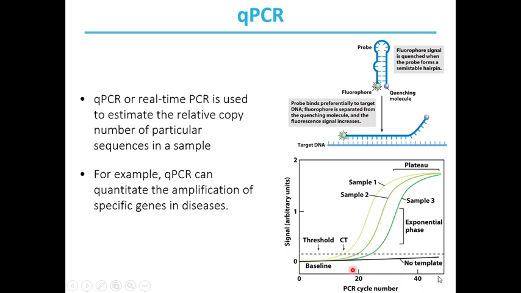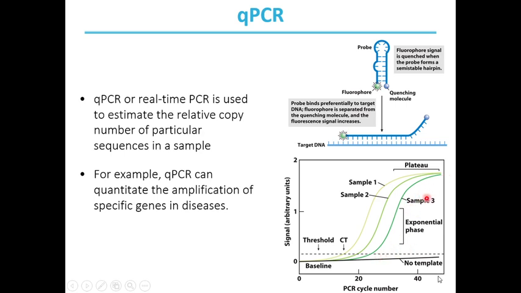As the PCR reaction proceeds, the amount of the targeted DNA segment increases exponentially, as you can see. The fluorescence signal also increases exponentially as the oligonucleotide probe anneals to the amplified segments. After many PCR cycles, the signal reaches a plateau, as shown here. The signal goes up, increases exponentially, and reaches a plateau.